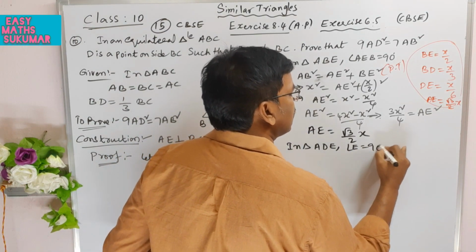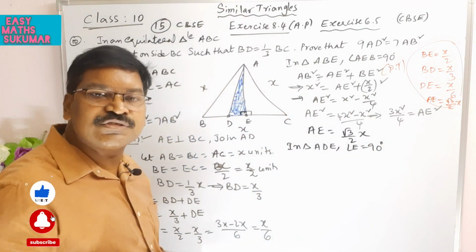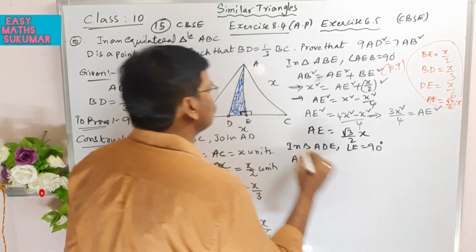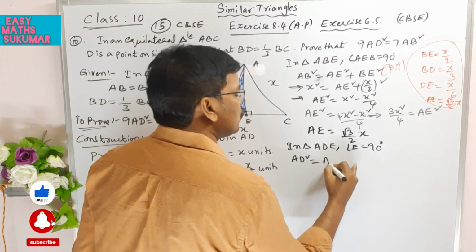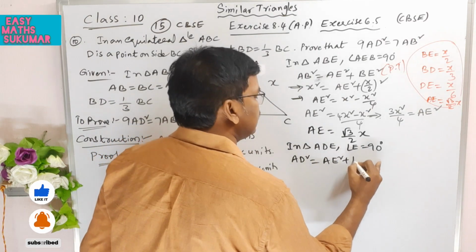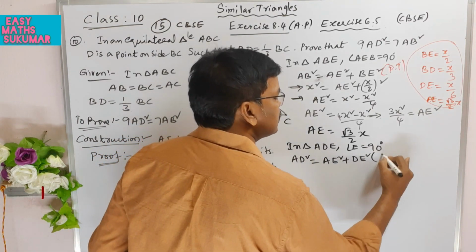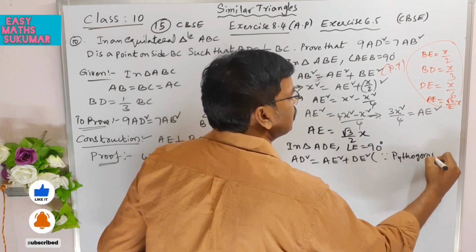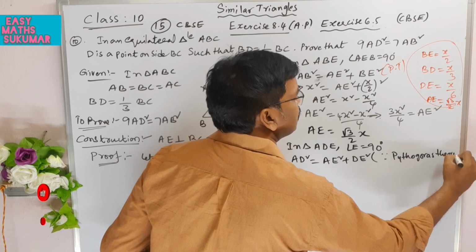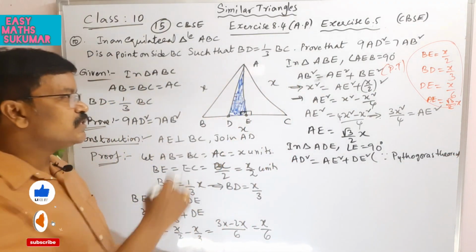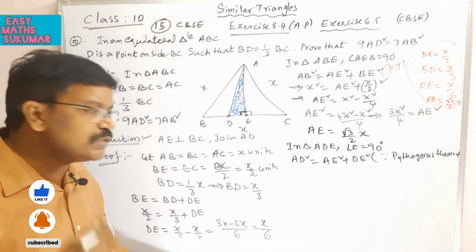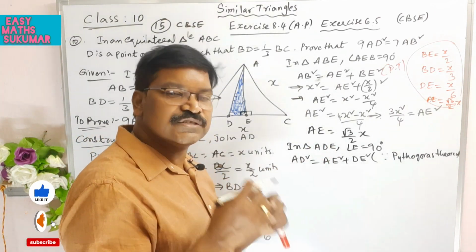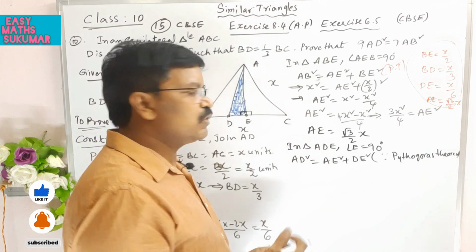Now can we apply the Pythagoras theorem here also? AD square is equal to AE square plus DE square, according to Pythagoras theorem. So we have taken triangle ADE, this is a right angle triangle, so we applied Pythagoras theorem.